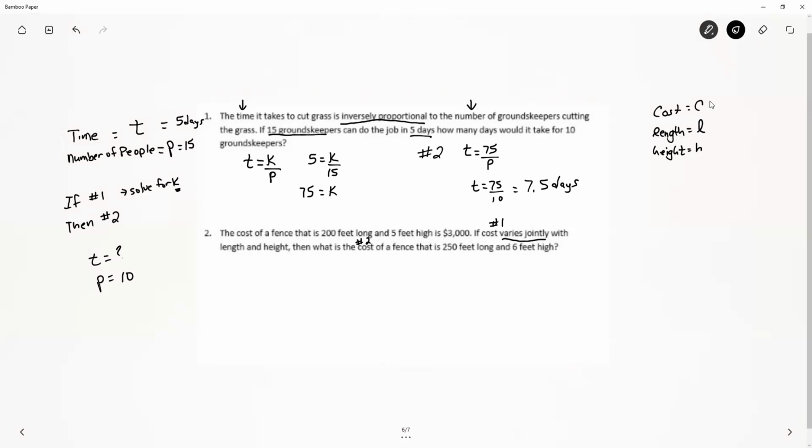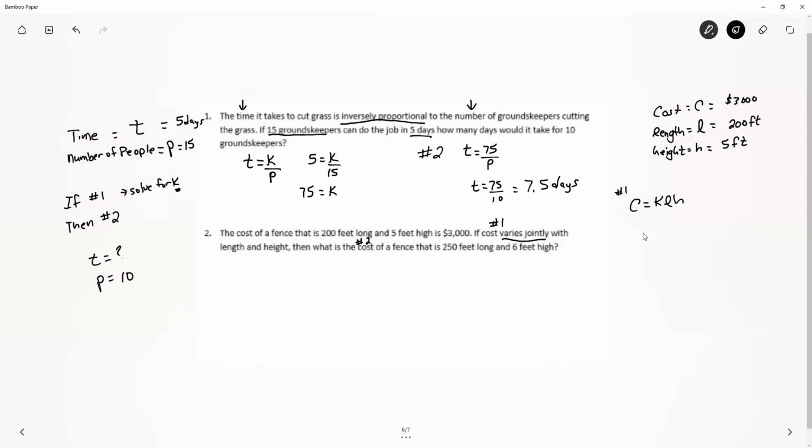So what was the cost of the fence originally? Well, it was $3,000. The length was 200 feet, and the height was 5 feet. Now it says cost varies jointly with length and height. Don't forget that K, because that's what you're going to solve for in the first piece.